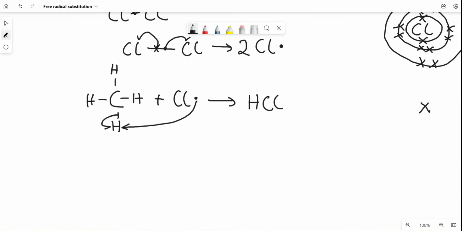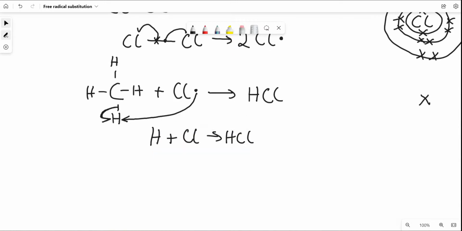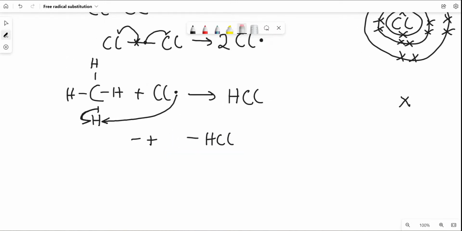because the electron is returned to the hydrogen. So it's basically H plus Cl. So it goes to HCl. And so this means that the original methane molecule is now losing a hydrogen.